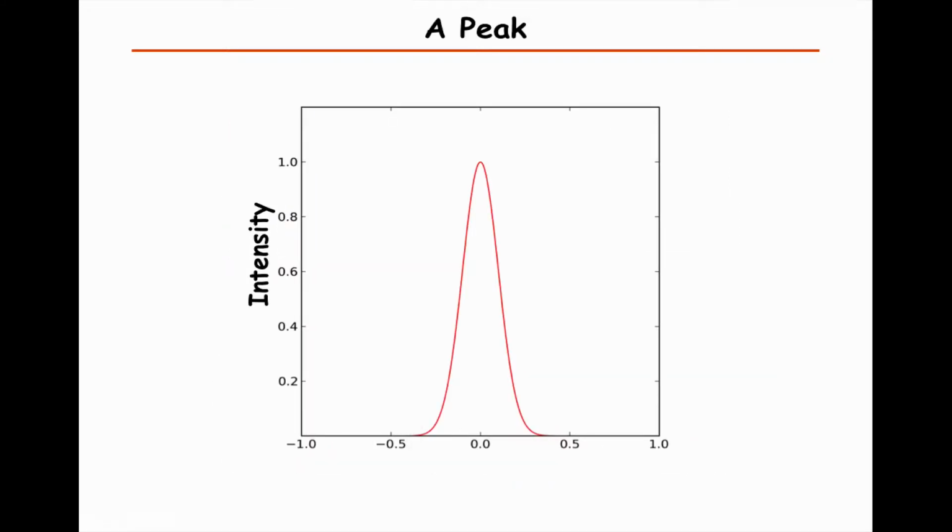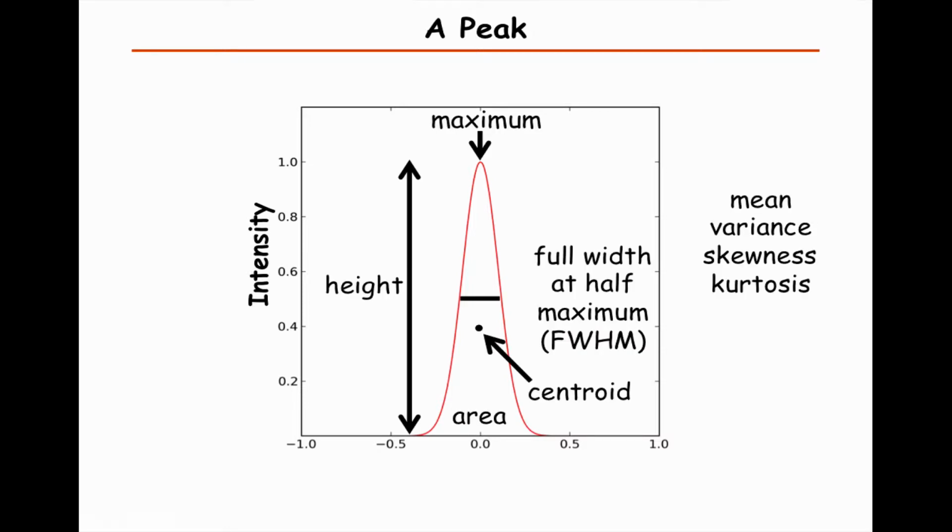But what we often want to look for is a peak. We want to find peaks. In ChIP-Seq, you saw that we wanted to find where there are peaks, and in mass spectrometry, we also want to find peaks. To describe a peak, there are several things that we can use.